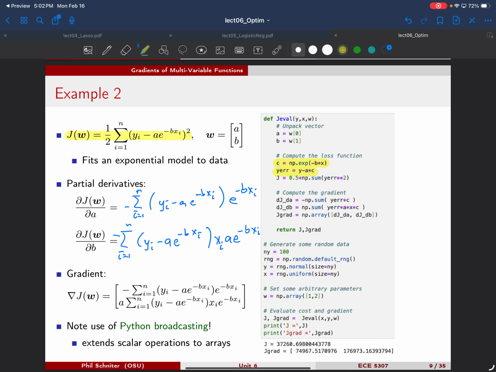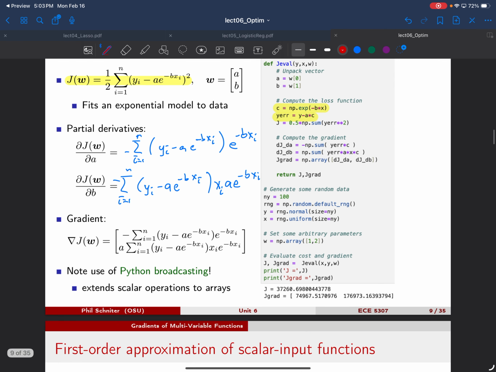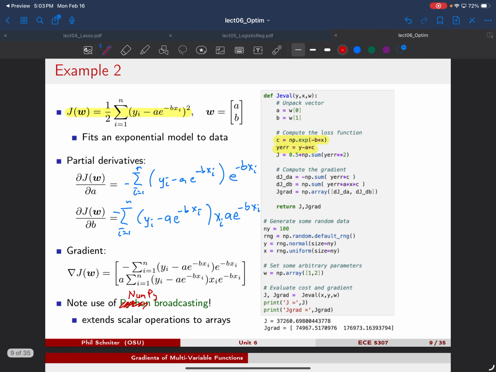The other thing that we see going on is something called broadcasting. Although I wrote Python broadcasting, it really should be NumPy broadcasting. Broadcasting is a very natural thing that you guys, I think, have all seen before in the code, where Python or NumPy is smart about how it does multiplies with arrays and vectors. So for example, X is really going to be like a vector of data, right?